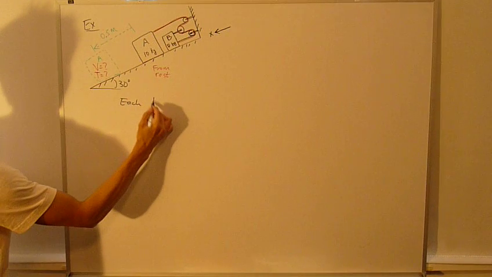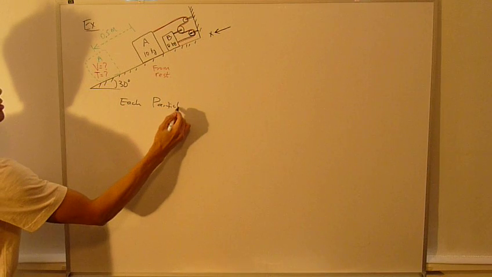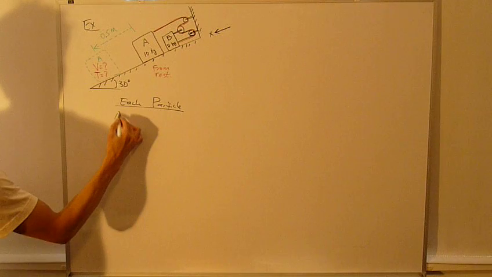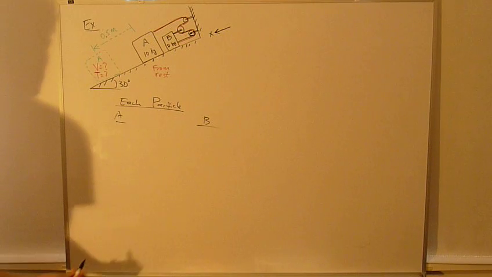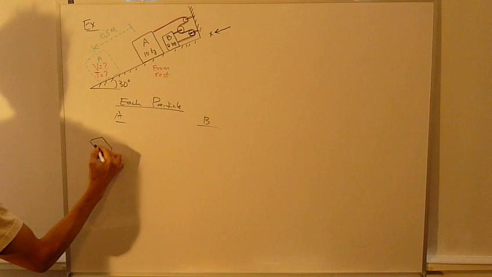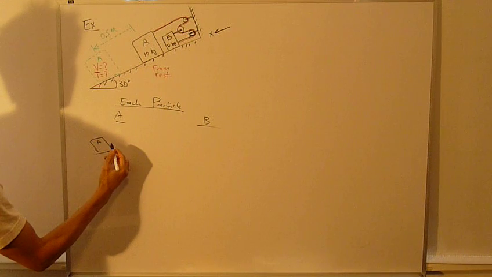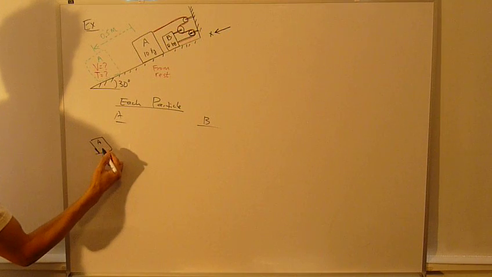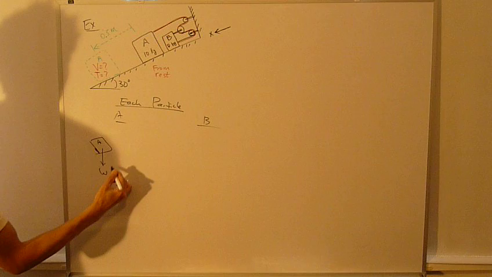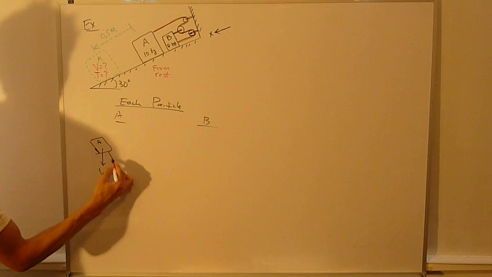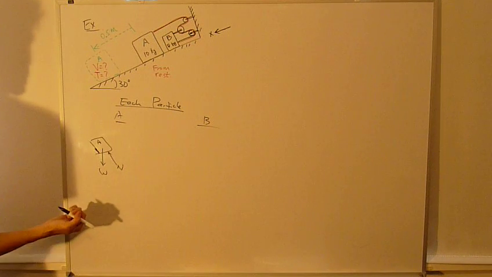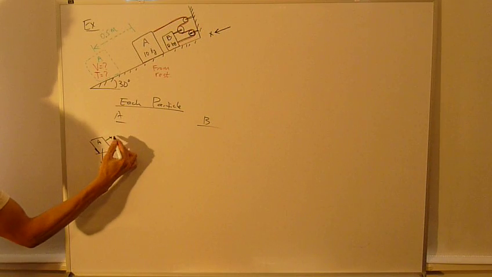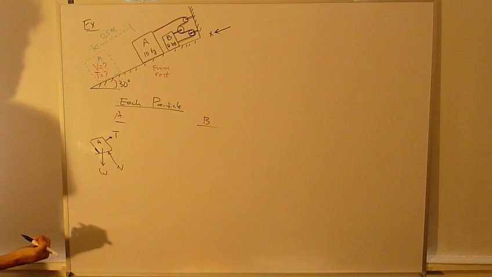So particle A and particle B, consider them separately. For particle A at this position, I have weight going down, normal force pointing perpendicular into the surface this way, and tension force going this way.